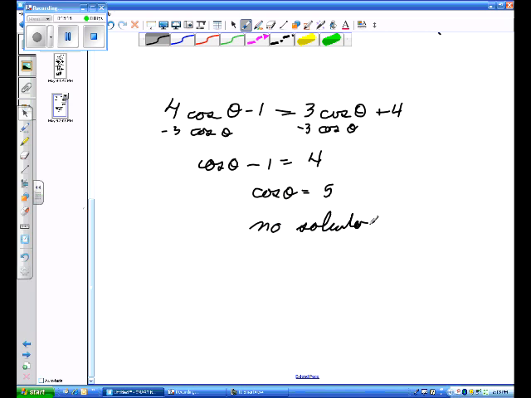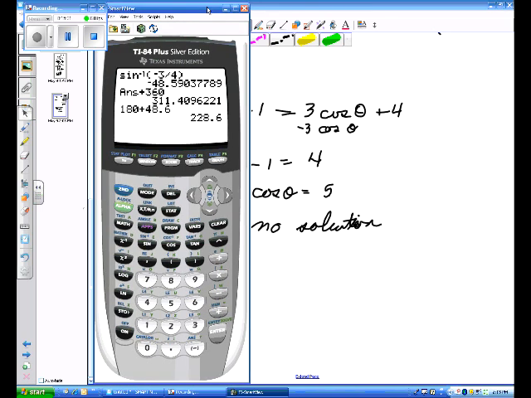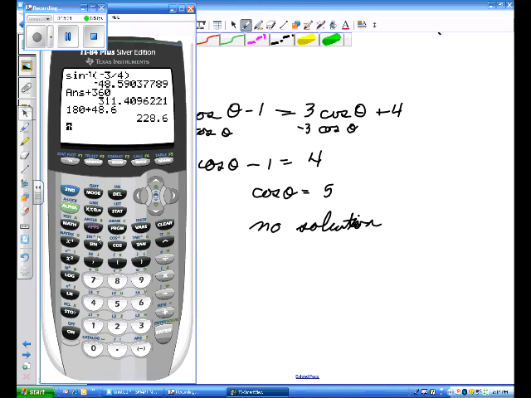But if we forgot, which is easy to do, then we could go to our calculator and put in second cosine, inverse cosine of 5, and it's going to give us a domain error, which means there's not a possibility for that answer.